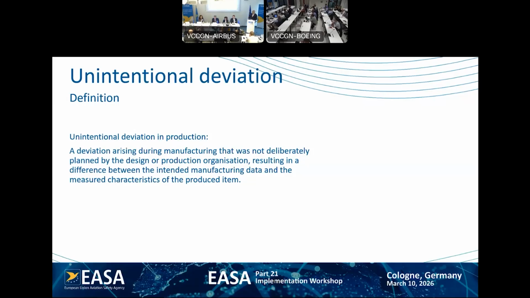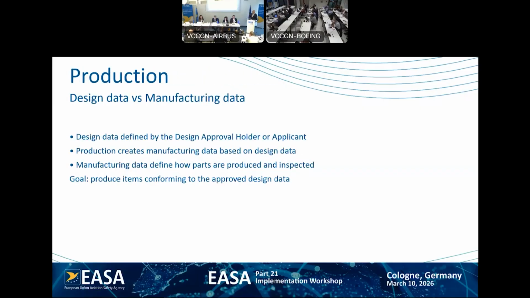If you go to the next slide, I will clarify why the definition includes the reference to manufacturing data, because there is a distinction between design data and manufacturing data, as you may know. The design data is defined by the design approval holder. The manufacturing data is created by the manufacturer on the basis of the design data.